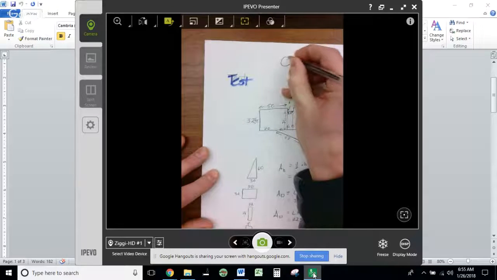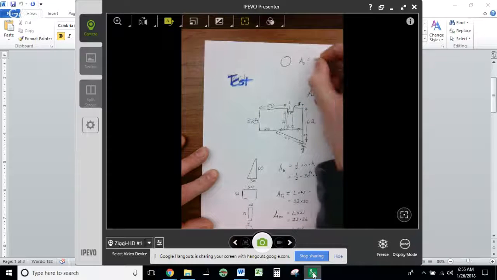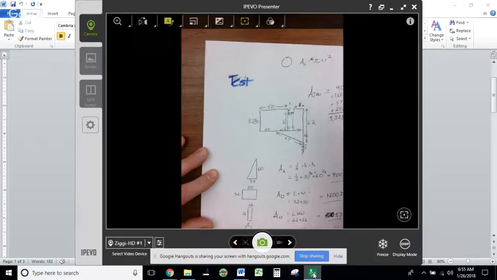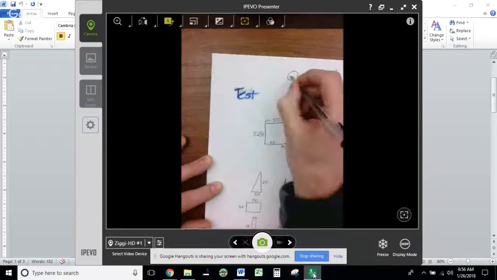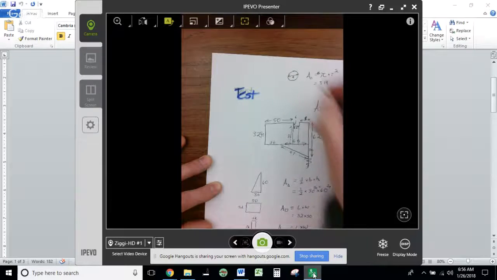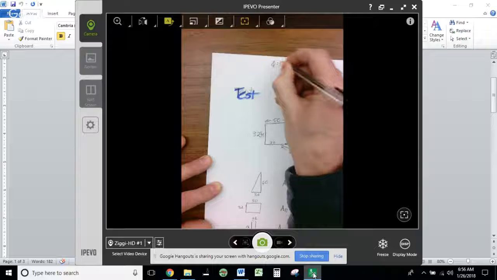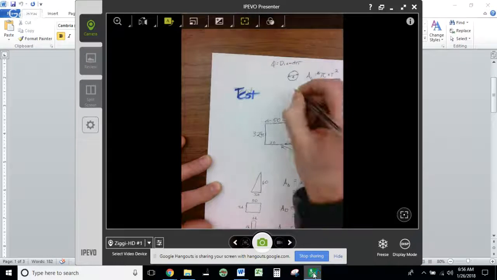Area of a circle is equal to pi times radius squared. Pi, of course, is 3.14. And then we need to understand the difference between diameter and radius.